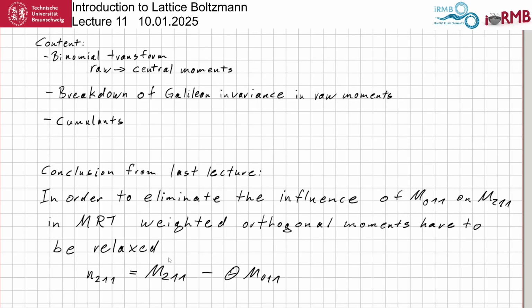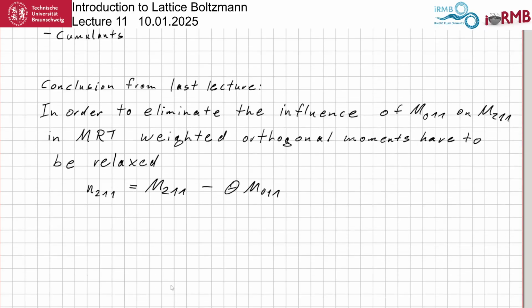So we saw that there is this problem, and the question is: two questions that we ask now is whether this was the only problem that we had to observe here. Yeah, so we found a problem. Is this the only one? So is there further dependencies on other moments?